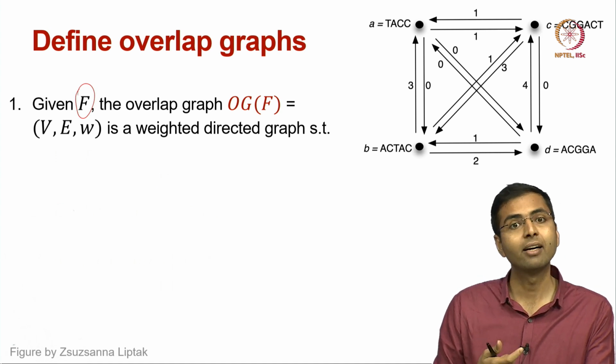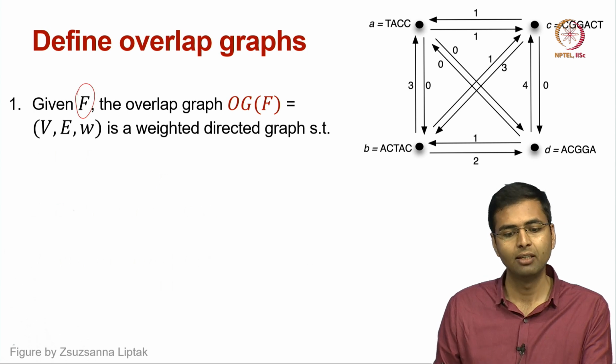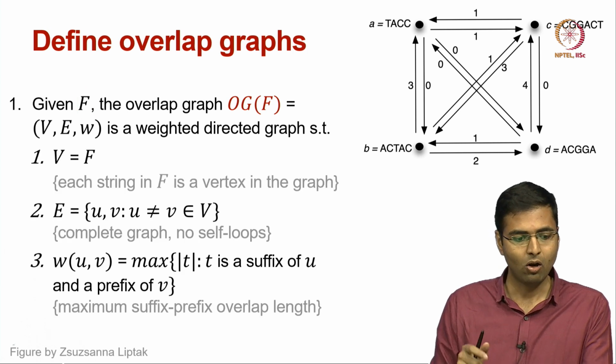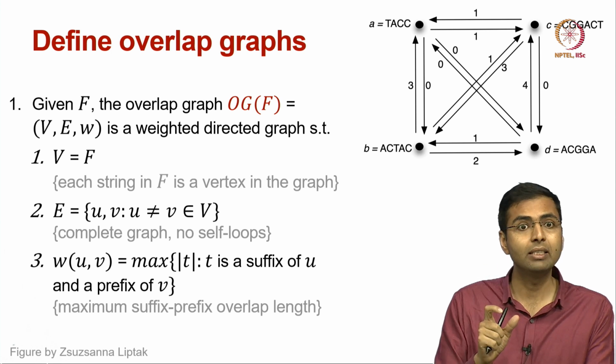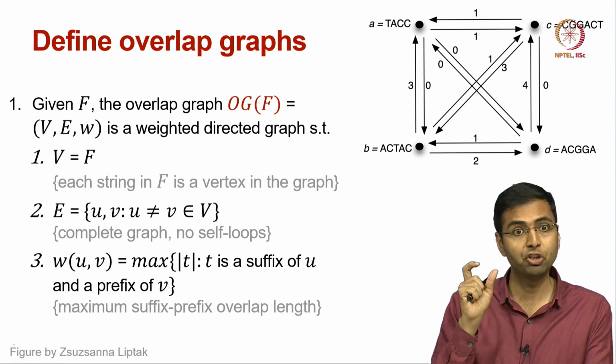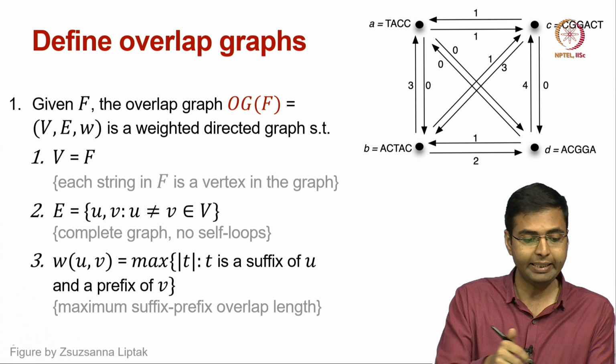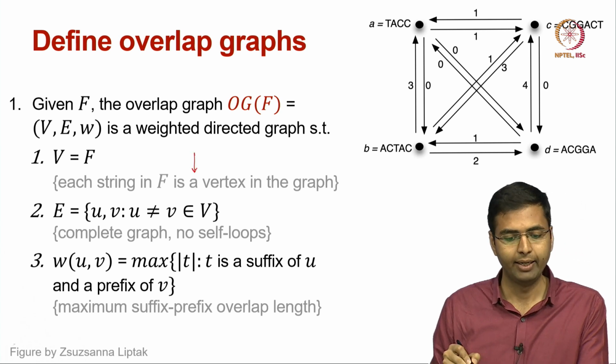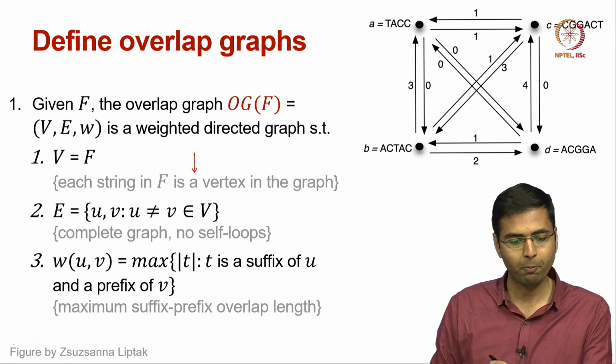So, this is a weighted directed graph such that the set of vertices corresponds to the set of strings, that is, each string in f is a vertex in the graph.